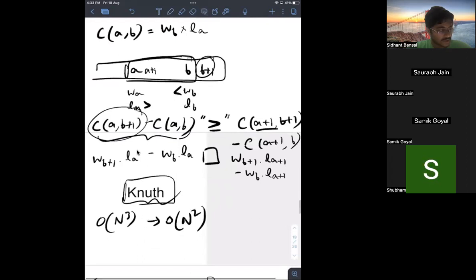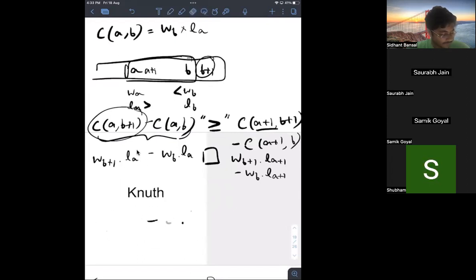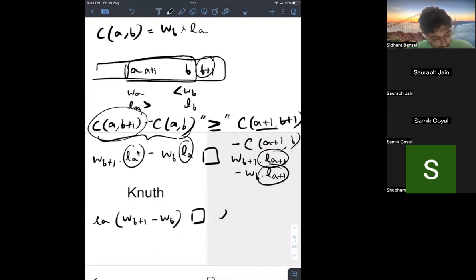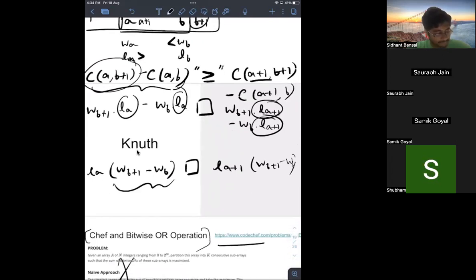Notice on the LHS, you can take some stuff common, which is LA. And on the right hand side, you can take LA plus 1 common. So on the left hand side, you take LA common and you get WB plus 1 minus WB. On the right hand side, you take LA plus 1 common and you get WB plus 1 minus WB. Notice this portion is the same. You can just cancel it out.